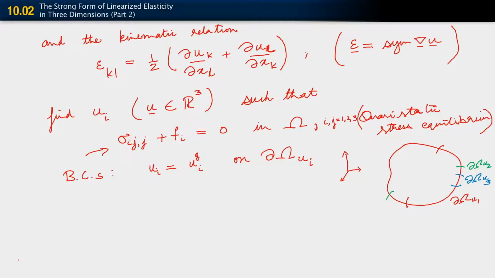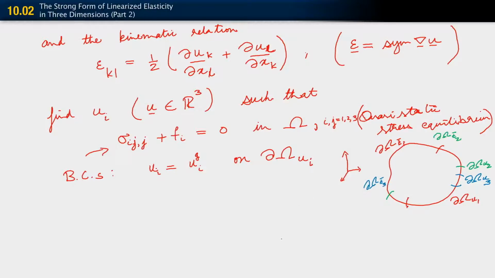The same sort of thing happens for the Neumann boundary, because each of those Dirichlet boundaries has as its complement a Neumann boundary, and I'm going to denote these as partial omega t bar sub 1, partial omega t bar sub 2, and partial omega t bar sub 3.